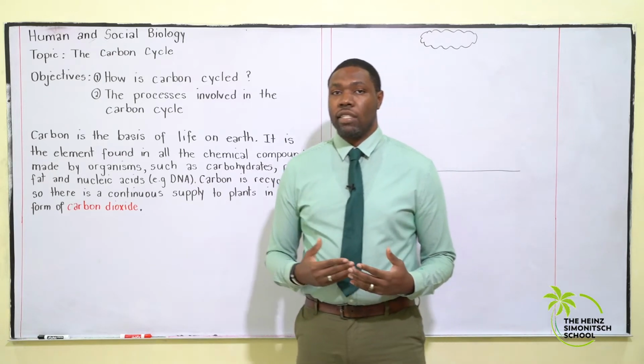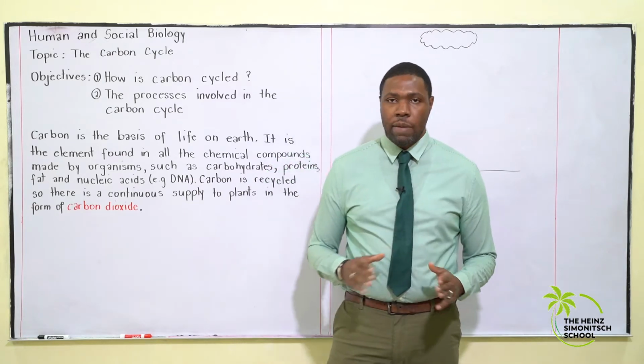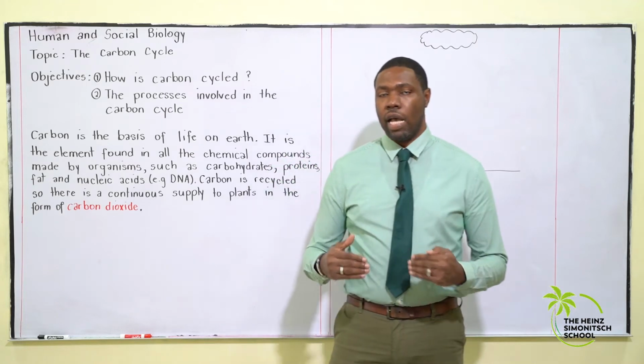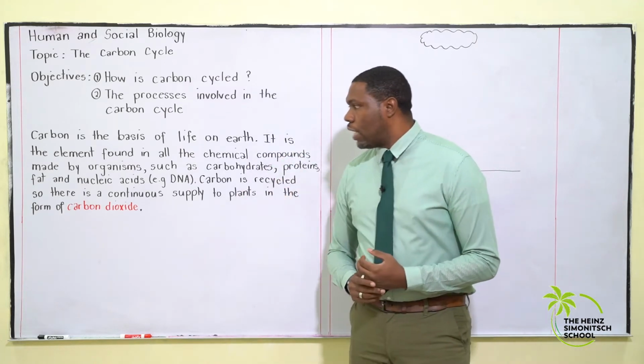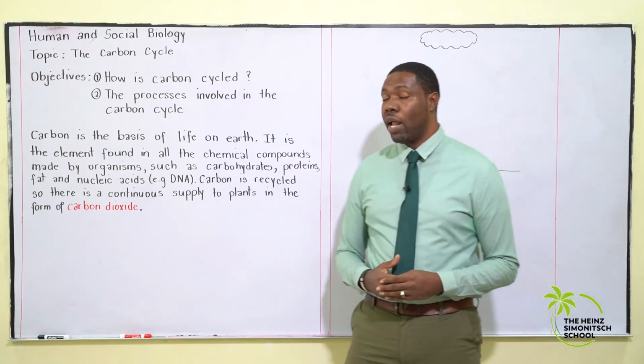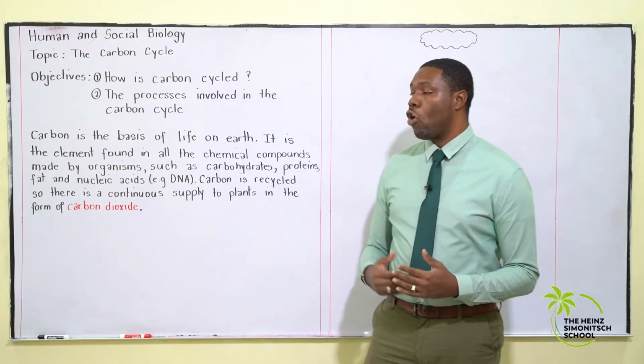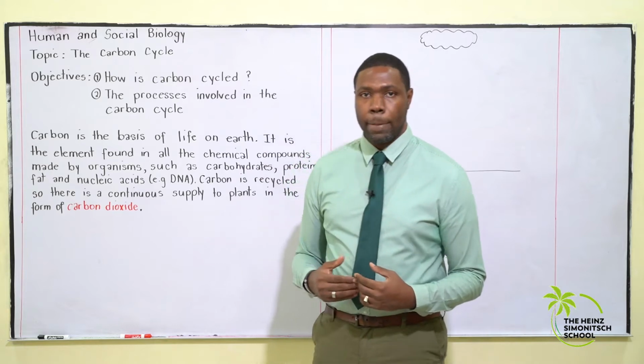Now we see that carbon is extremely important to life as we know it on Earth, right? Now carbon is recycled, so there's a continuous supply to plants in the form of carbon dioxide.